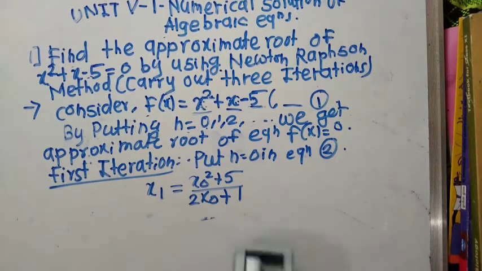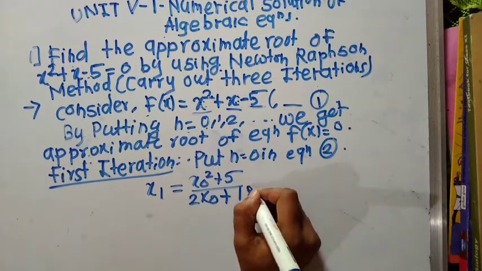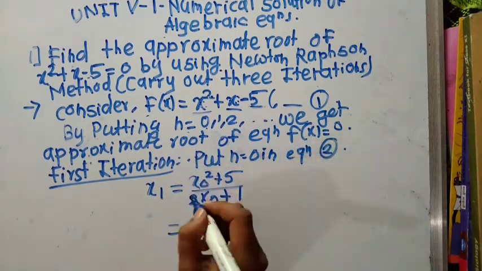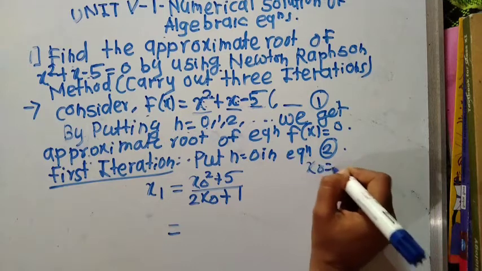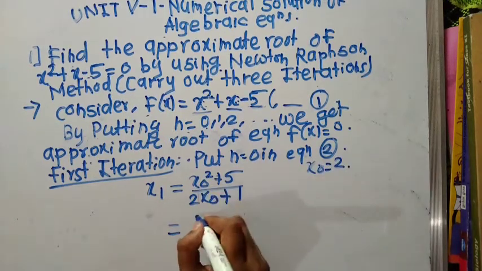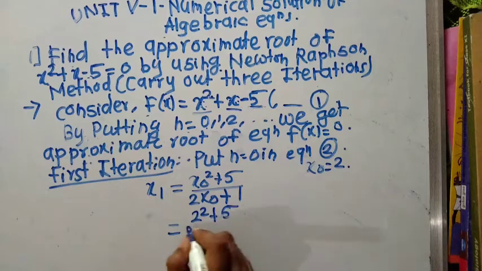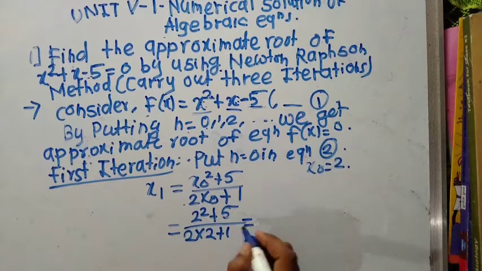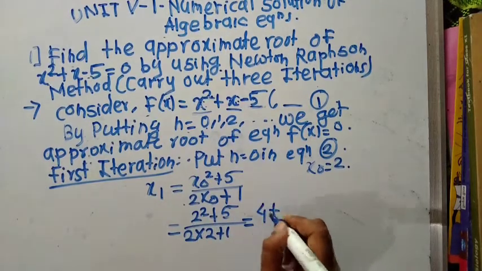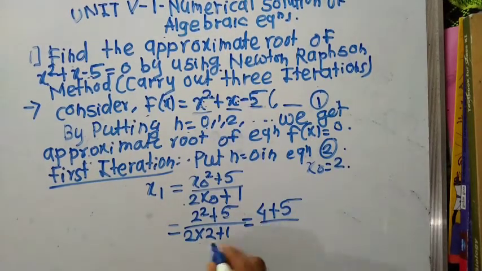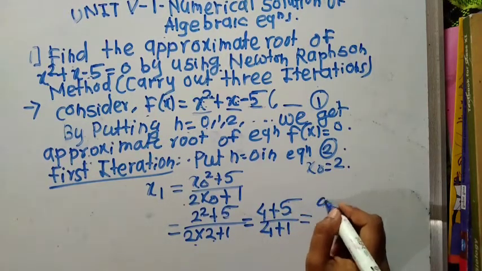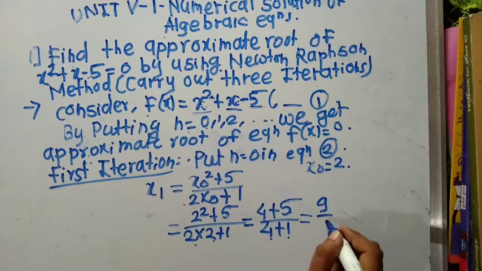From this equation, this is equal to x0 square. x0 we took as 2, so put 2: 2 square plus 5 divided by 2 into 2 plus 1. So 2 square is 4 plus 5 is 9, and 2 into 2 is 4 plus 1 is 5.